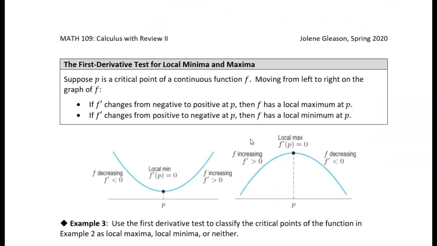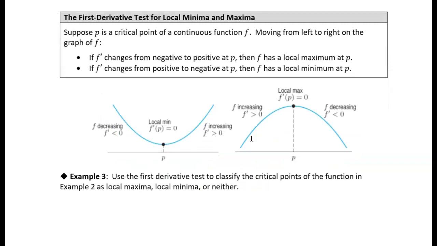So here's the first derivative test for finding local minima and maxima. So what you're going to do is you find the critical points, and then you evaluate the first derivative on either side of those critical points. All right, and if the derivative, okay, so we're evaluating f prime, right? The derivative of f.